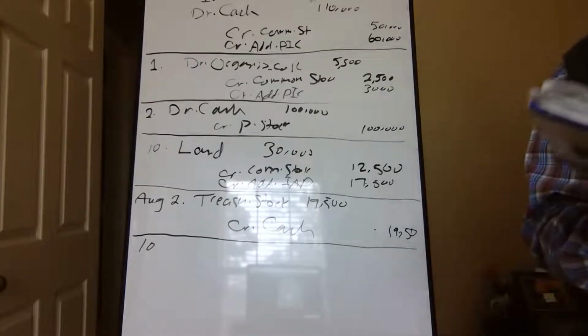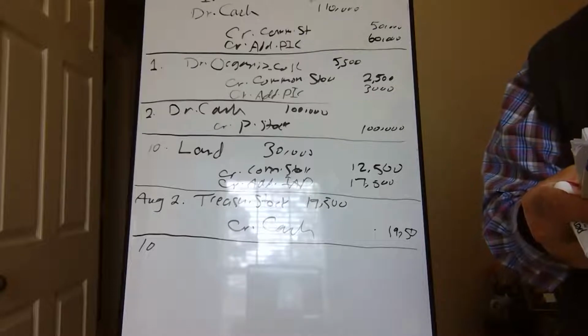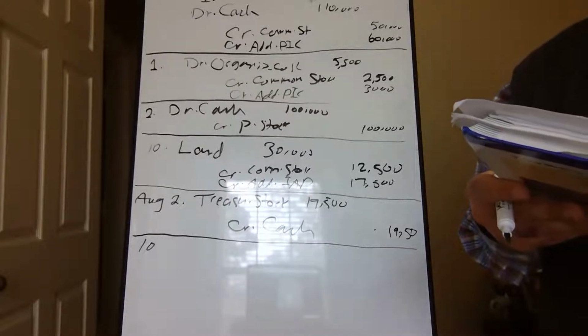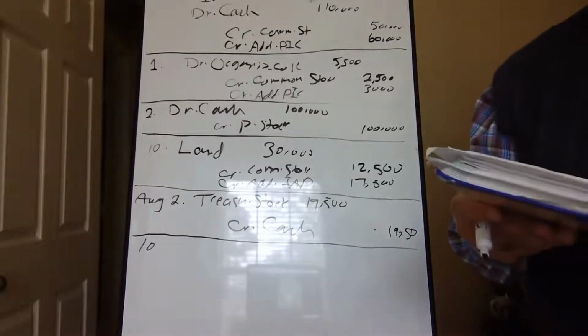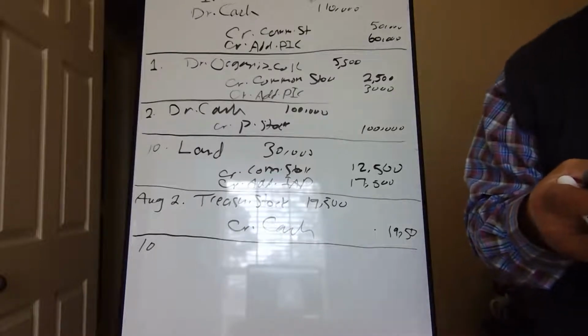On the record date, we do not have a journal entry, but we have to do a journal entry for the declaration date and for the payment date. Now, how much is the amount of dividends in this case?